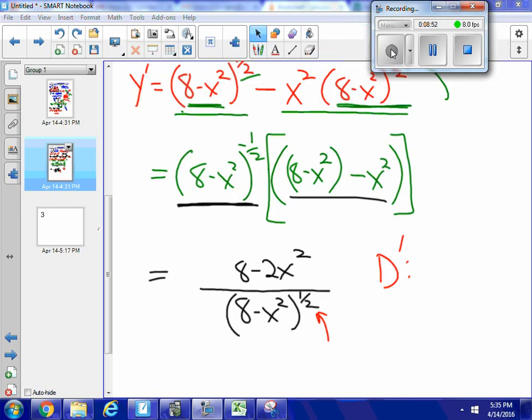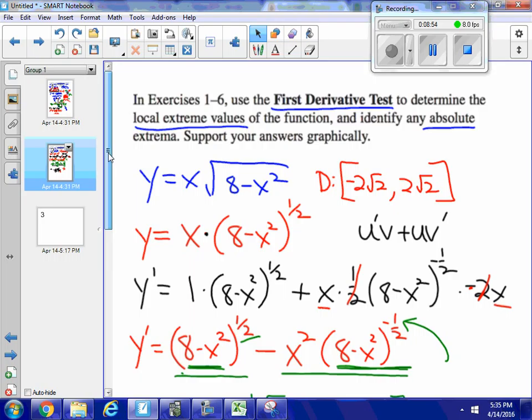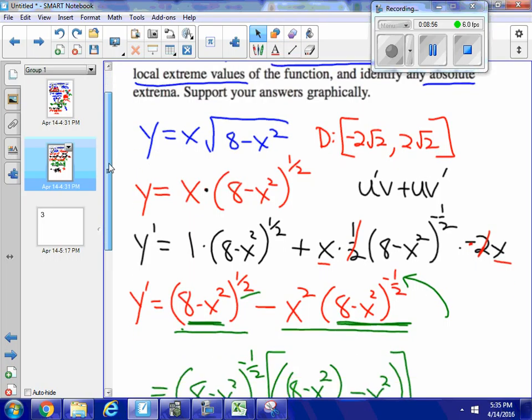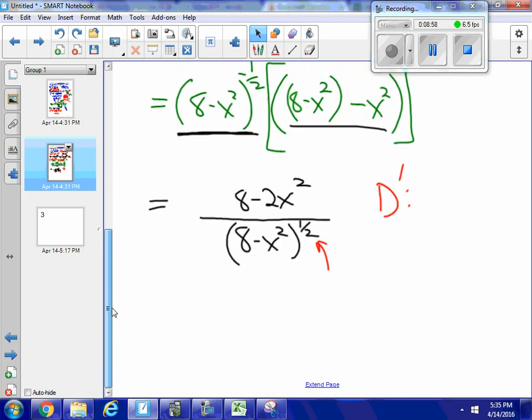But way up above, I already found the domain for the square root of 8 minus x squared, so it's going to be the same: negative 2 radical 2, comma, 2 radical 2. The only difference is that this is going to have parentheses, because it cannot include negative 2 radical 2 or positive 2 radical 2, since that would make my denominator equal to 0.